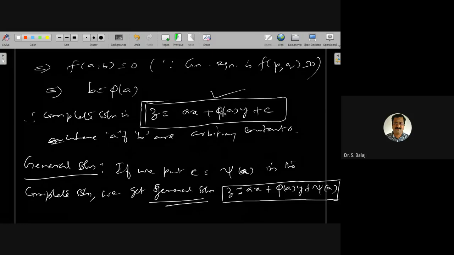Now, further we move on to the singular solution. For the singular solution, we differentiate the complete solution, which has two arbitrary constants, partially with respect to a and partially with respect to c. Then the singular solution can be identified. The particular solution is a different idea; we put particular values, which depends upon the problem.